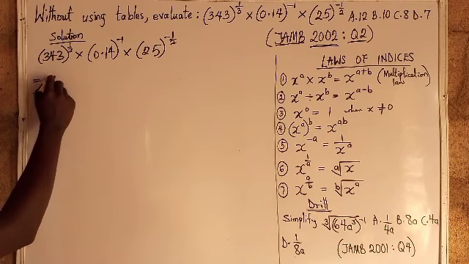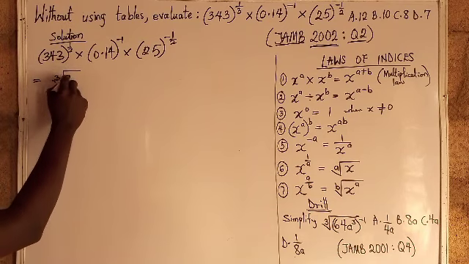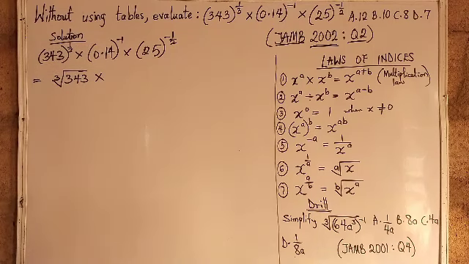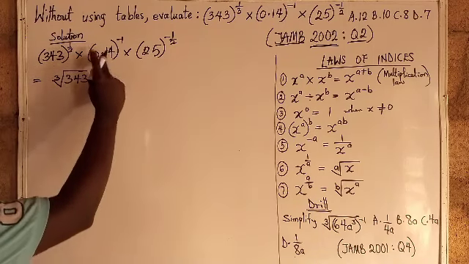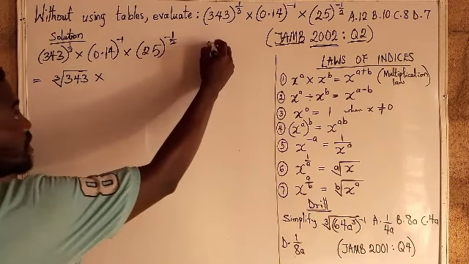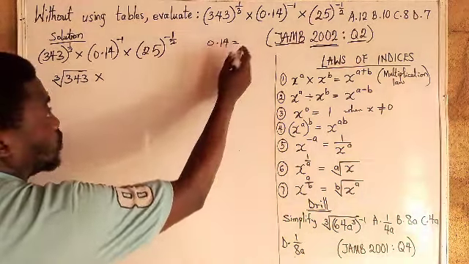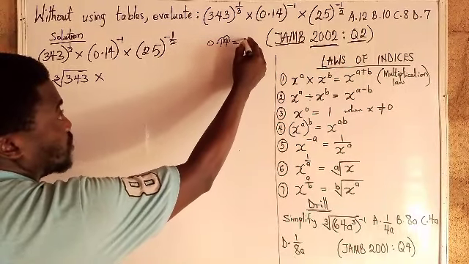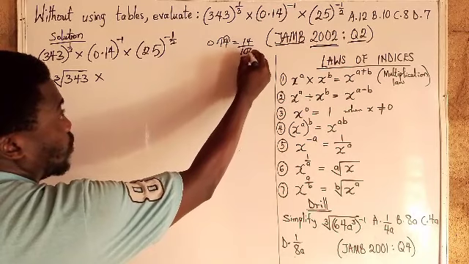Multiplied by, let's convert this decimal into a fraction. 0.14 can be converted to a fraction, that is 14 divided by 100.